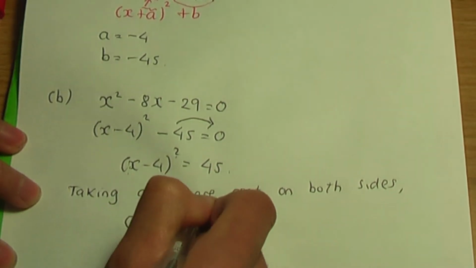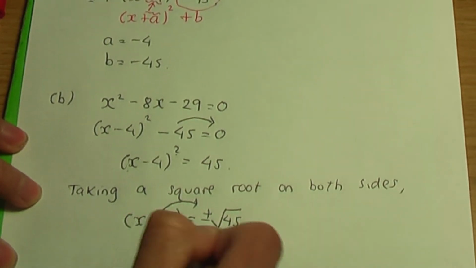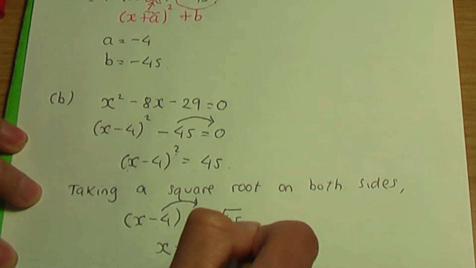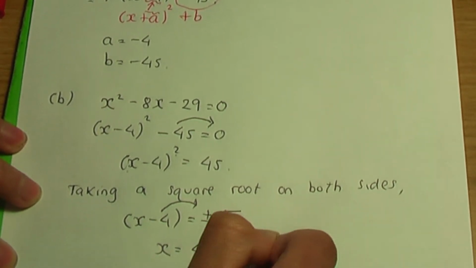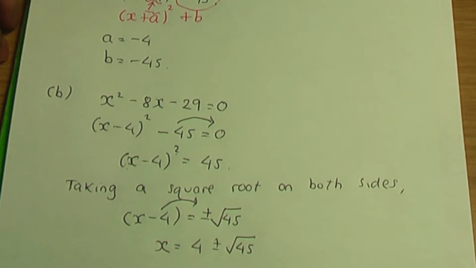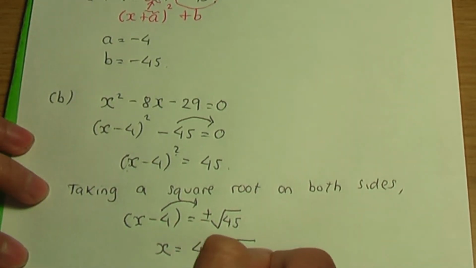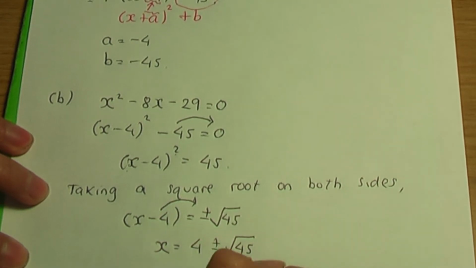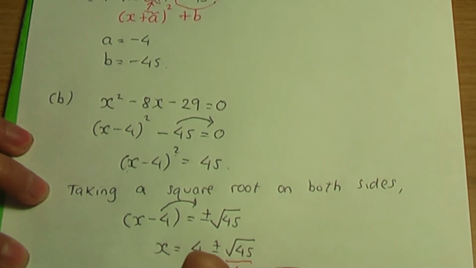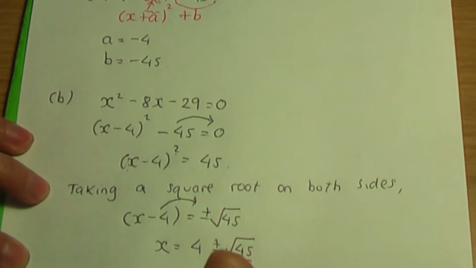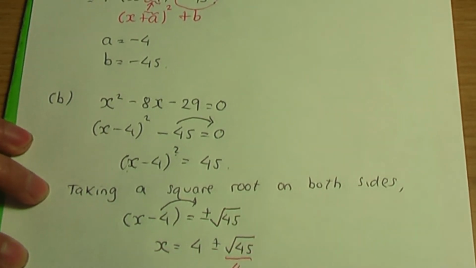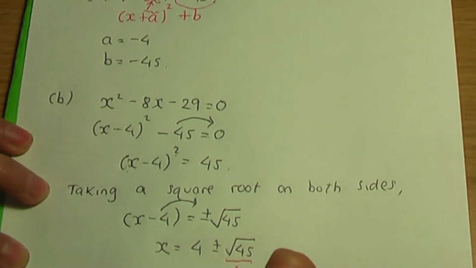Taking the -4 to the right, x will therefore be 4 plus or minus the root of 45. Now we can simplify the root of 45 using our knowledge of surds. Root of 45 is the same as root of 9 times root of 5, and root of 9 is simply 3, so 3 root 5.